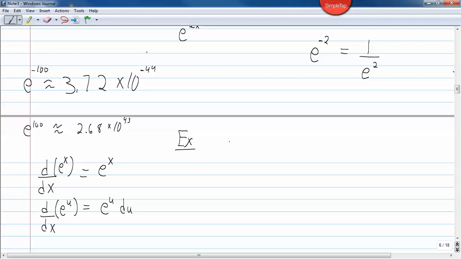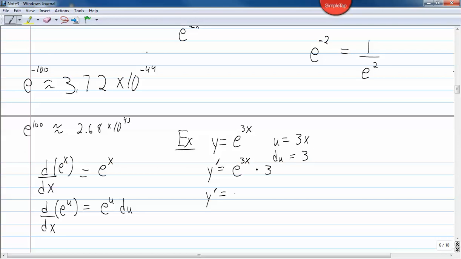So for example, let's say I have y equals e to the 3x. What is my u equal to? 3x. So my du then would be equal to 3. So if I want to take the derivative, that's going to be e to the u du, or e to the 3x times 3, because the du is 3.